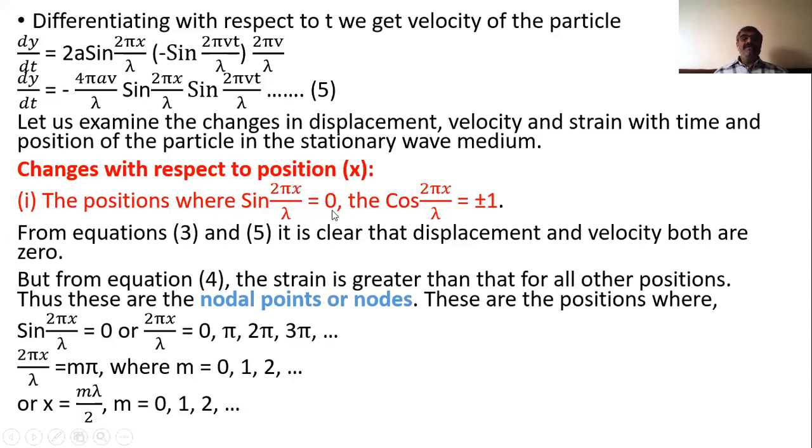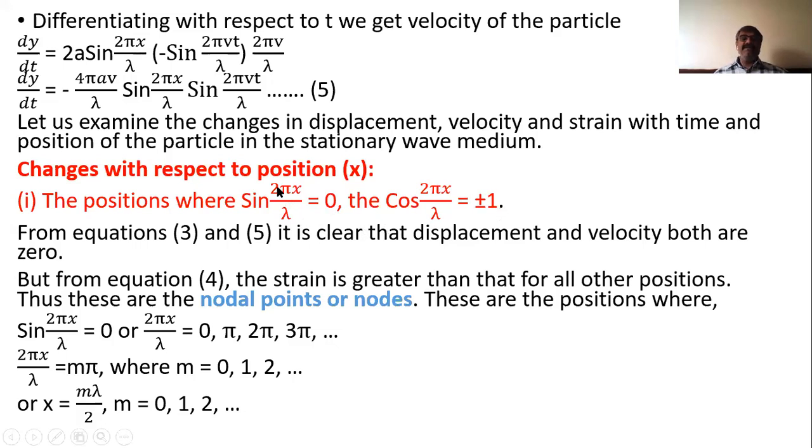First of all, consider sine 2 pi x by lambda equal to 0. Sine theta may change continually, taking values from 0 to plus or minus 1: minus 1, 0, plus 1. These are the variations in sine theta. So first consider the sine function as 0. If the sine function is 0, the cosine function will be plus or minus 1.